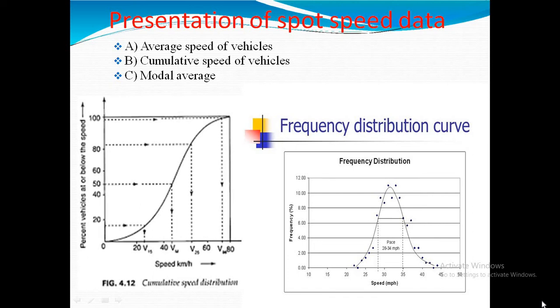In different ranges we need to select first, and for those ranges we calculate the speed of a particular vehicle and convert it into the average speed of the vehicle. That is, the arithmetic mean is taken as the average speed.